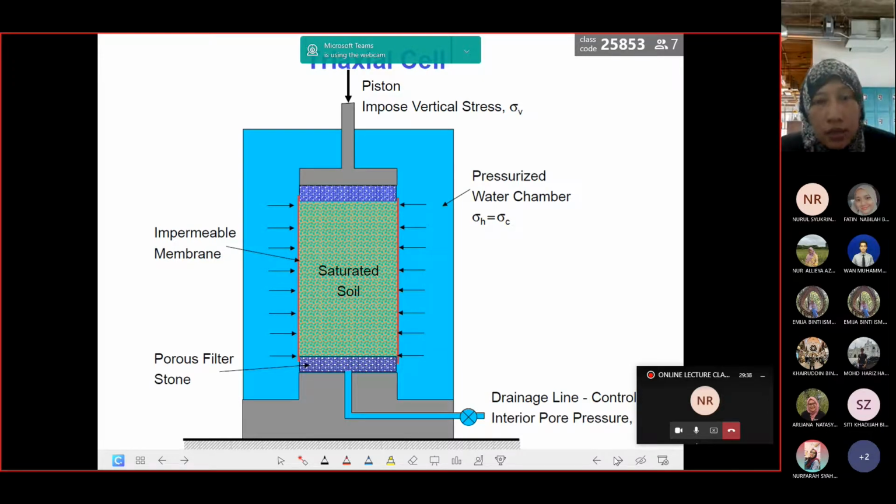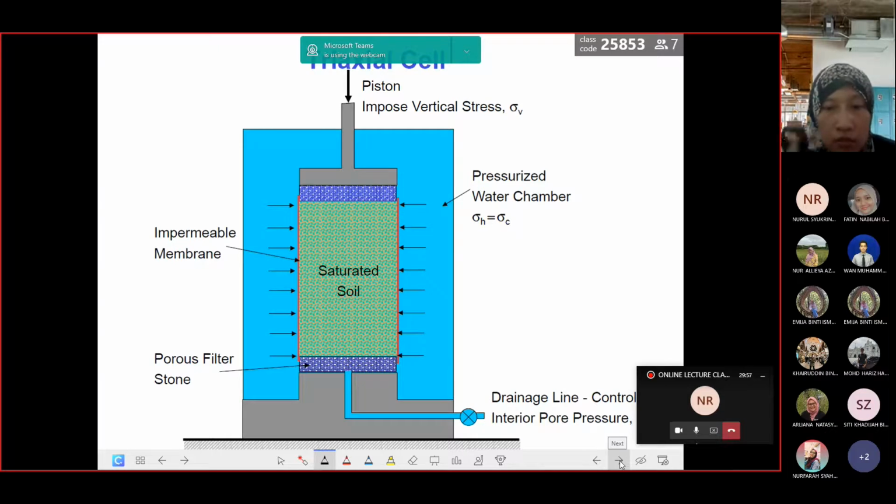So triaxial test ni, as you remember, they are splitted into 3 categories lah, sama ada UU test, CU test ataupun consolidated drain test.